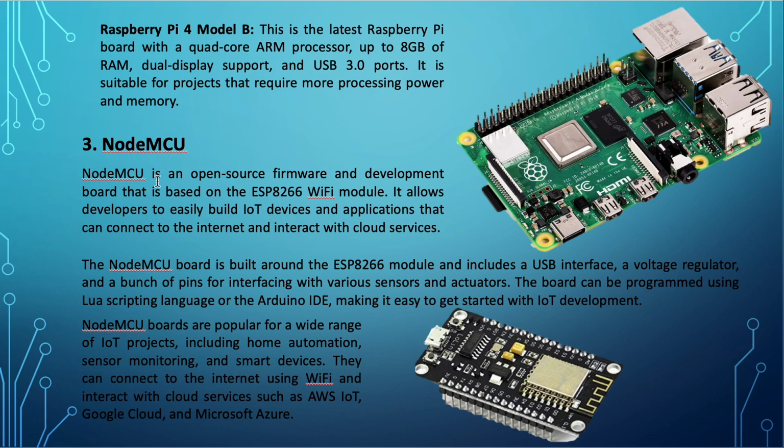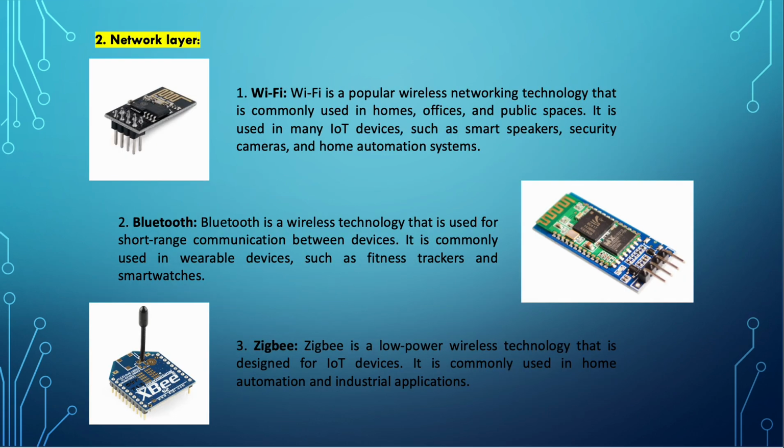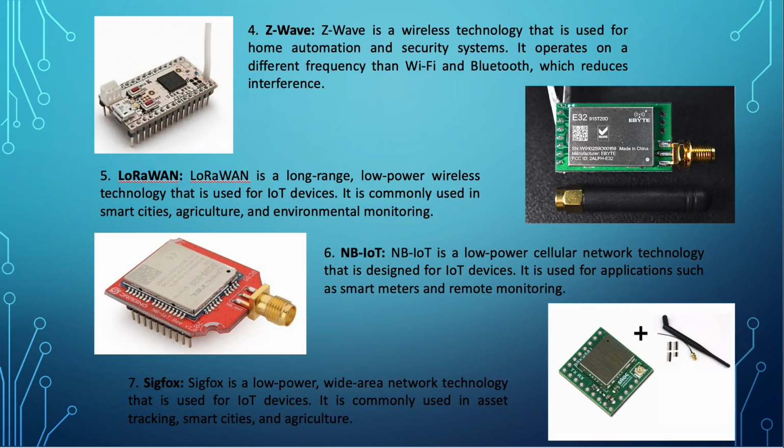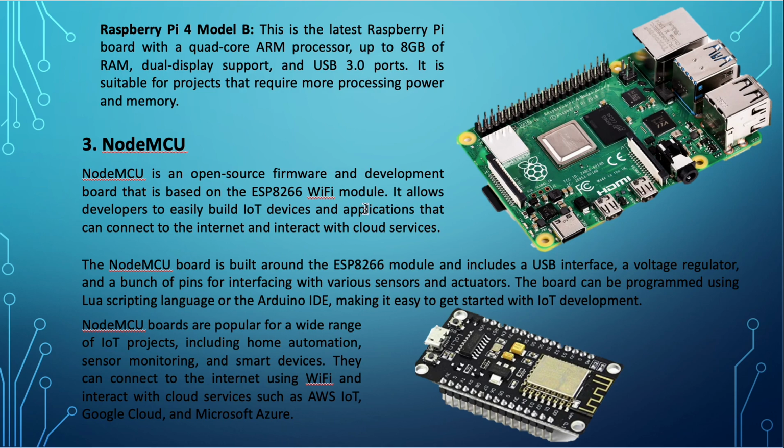If we don't have Wi-Fi connectivity or any other protocol we are running, we can simply buy a separate board. If you are using Zigbee in a particular smart building, we can use a Zigbee board, connect it to your Raspberry Pi, and then the Raspberry Pi will have the ability to connect to the Zigbee network. So that's how it is done, right?